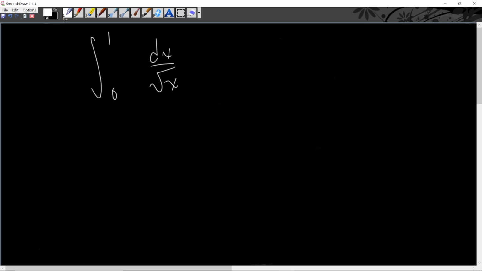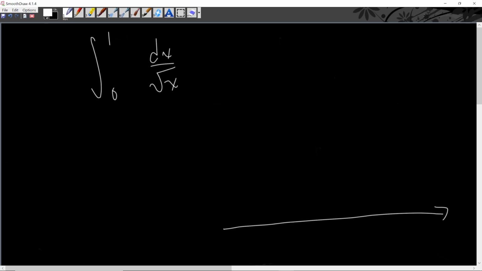Now, 1 over root x is not going to be a super nice looking function. If we were to actually draw this function out, it's hard to fully show, but it's going to be like that.